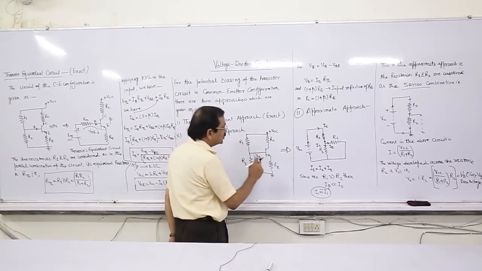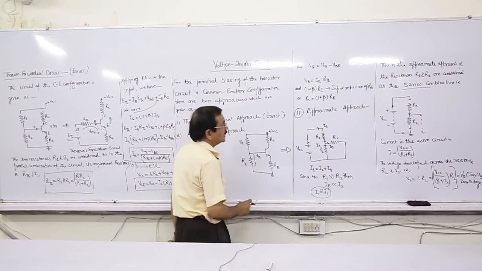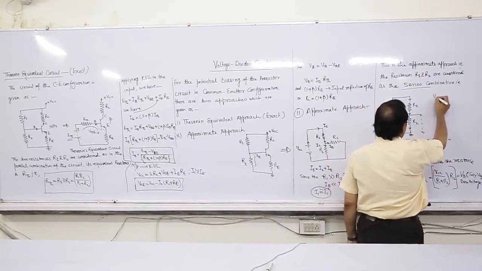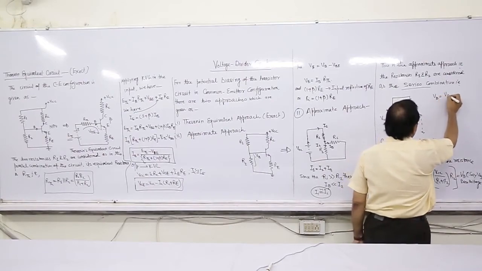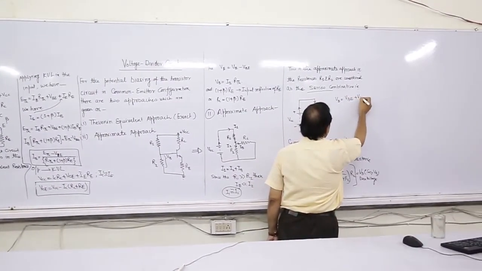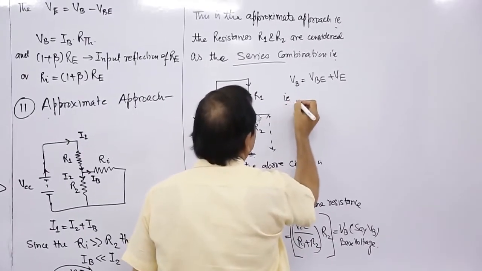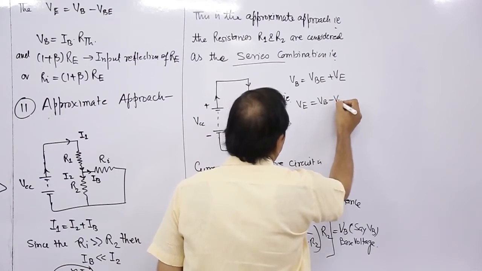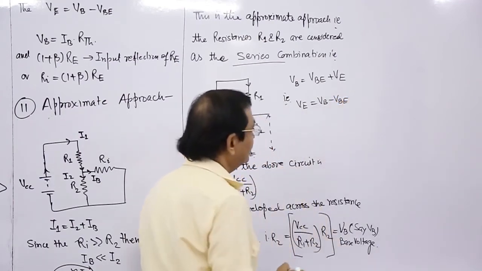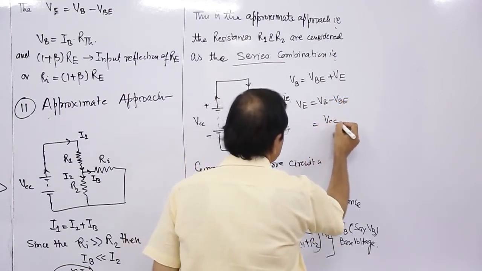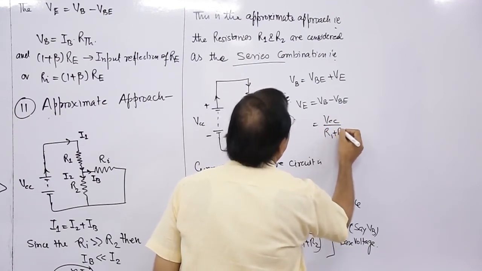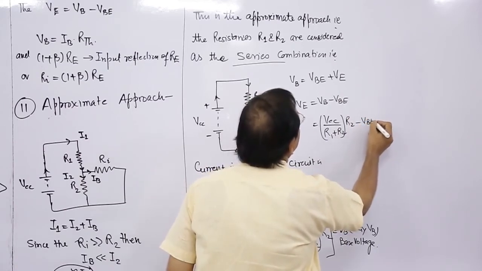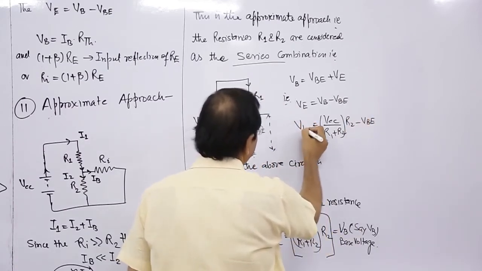And if the base potential is known, it is very clear that the base potential is VBE plus VE, so VE is equal to VB minus VBE, that is VCC R2 upon R1 plus R2 minus VBE.